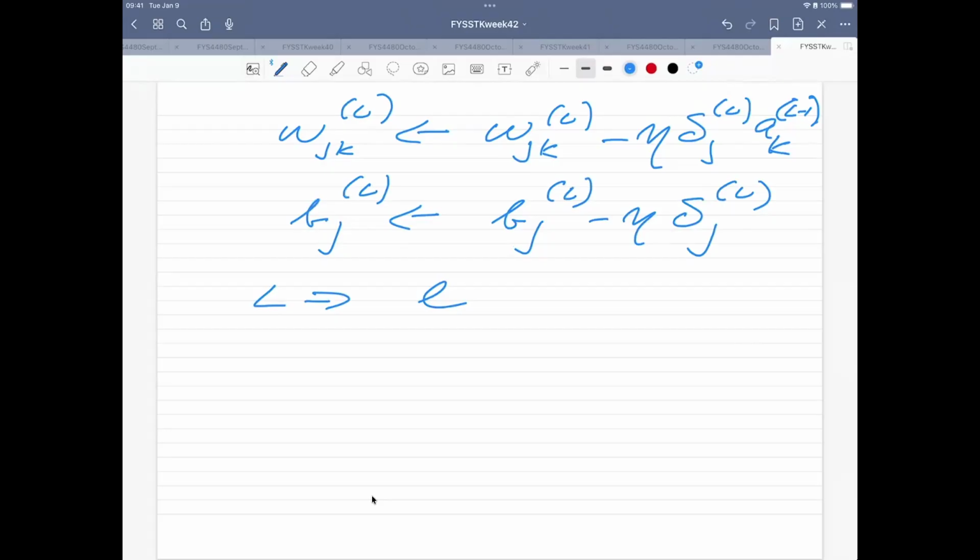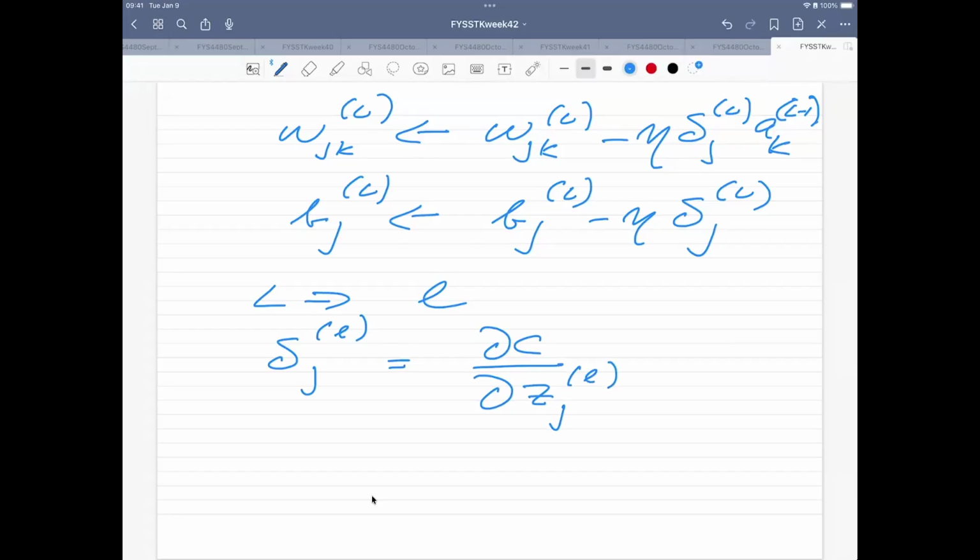So we need some help expressions. So we have this delta_j of L. This is something which we showed last time can be written as dC, the cost function, but now as a derivative at layer L.